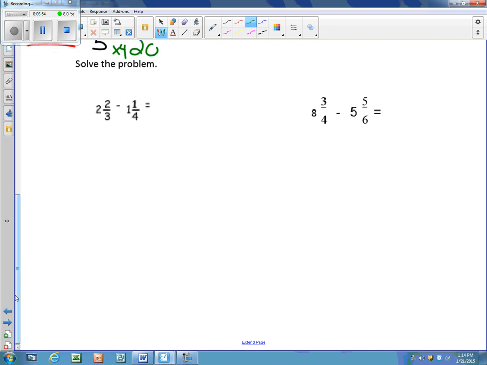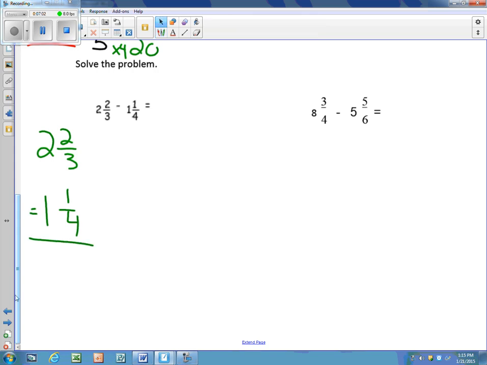Last two questions. I have 2 and 2/3 minus 1 and 1/4. First thing I'm going to do is to turn them into improper fractions. When I turn them into improper fractions, I have 3 times 2 is 6. 6 plus 2 is 8. And over here, I have 4 times 1 is 4, plus 1 is 5.